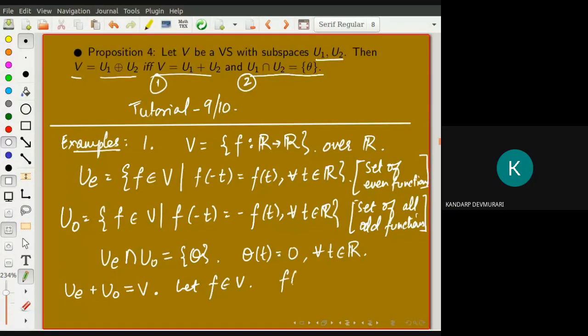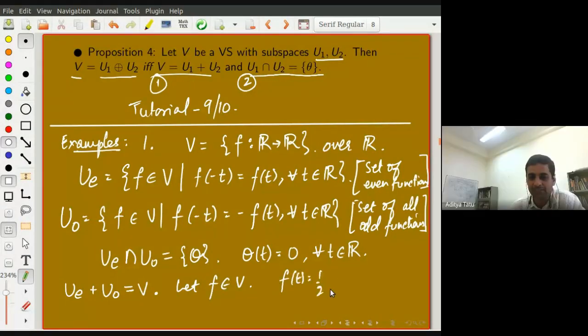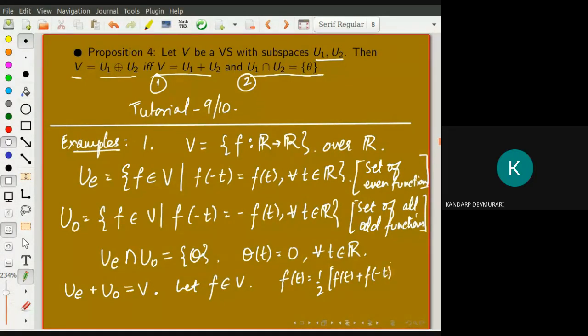I think you have seen this somewhere, I'm sure. f of t plus f of minus t, and so on.